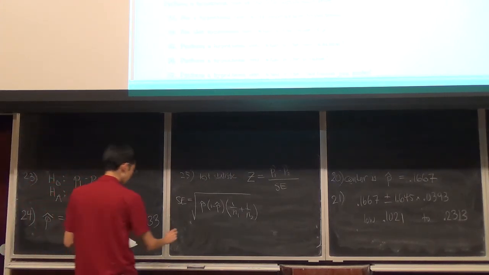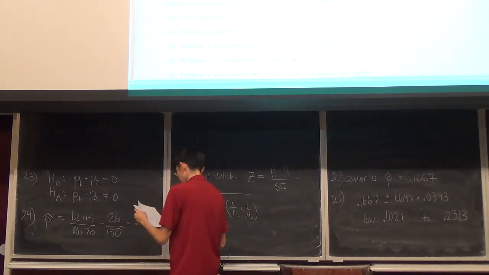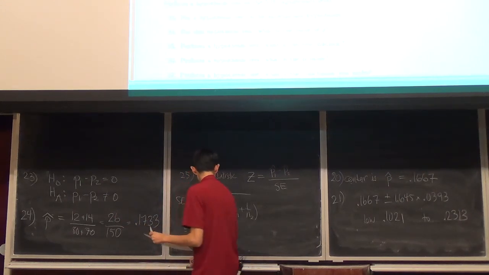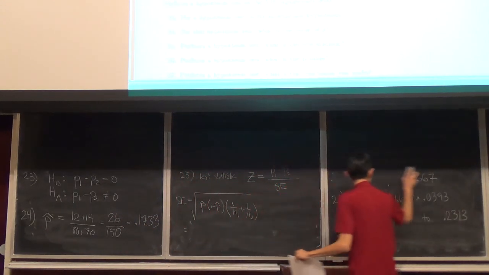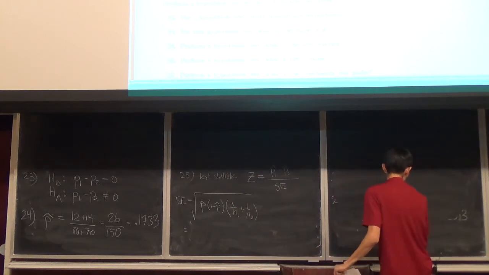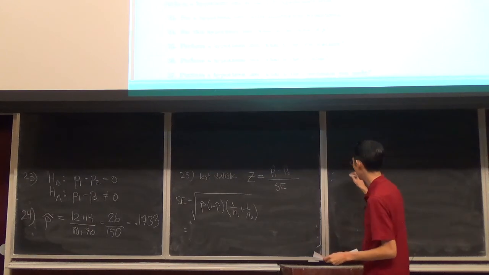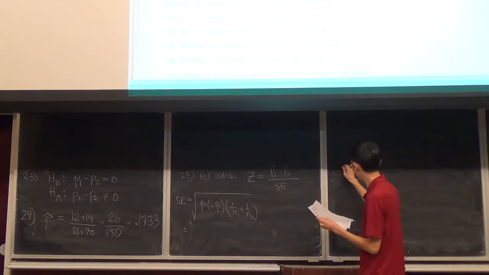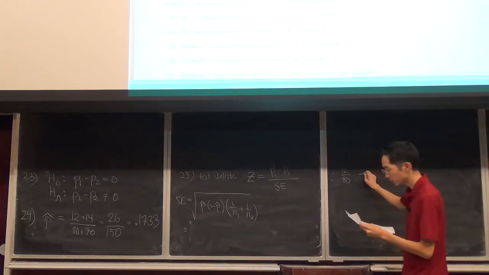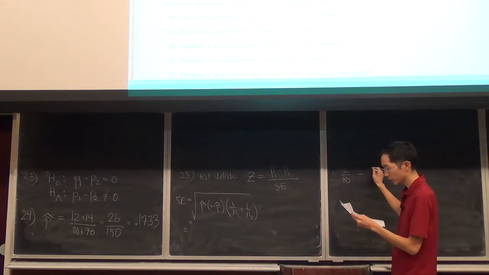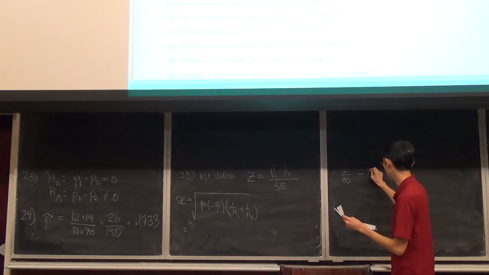So now it's just a matter of plugging in some numbers. On the top, I would do 12 over 80 for P1 hat, and P2 hat is 14 over 70.